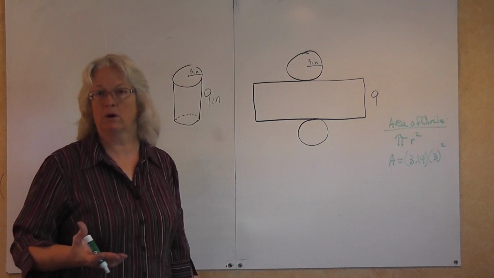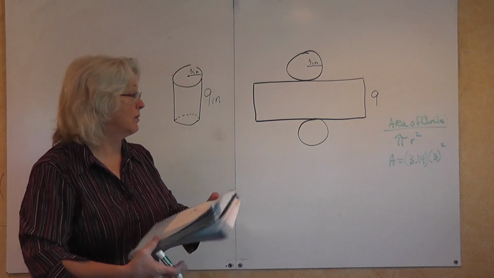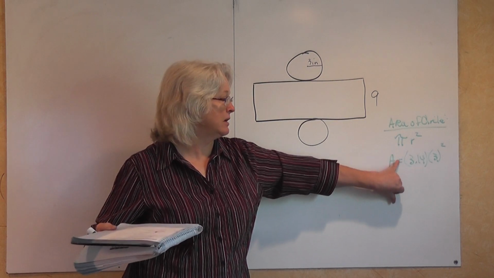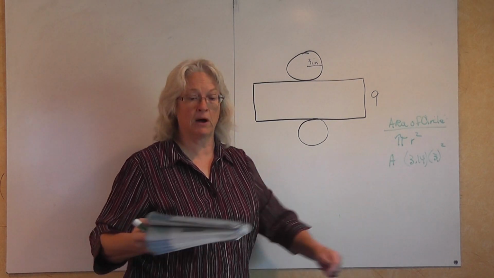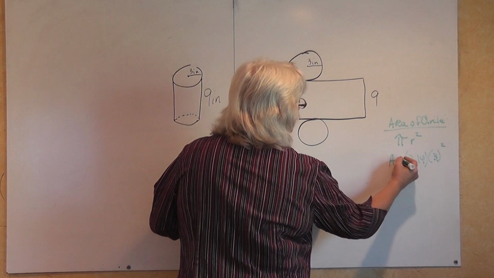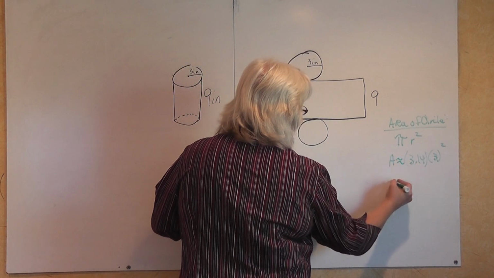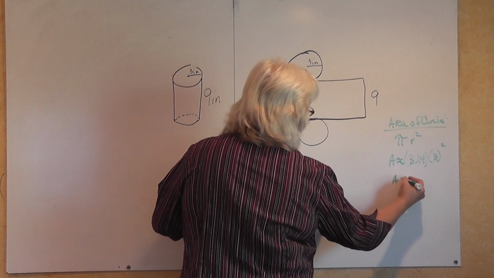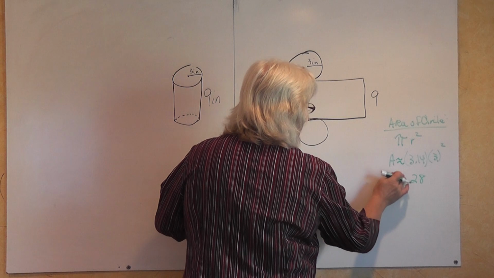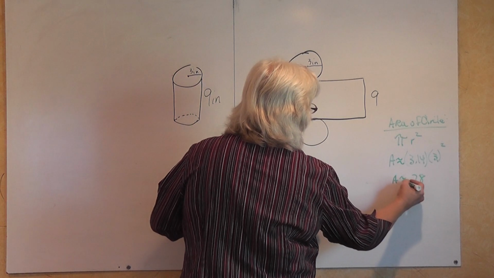Unless they tell you otherwise, you're going to use 3.14 as an approximation for the value for pi. So it's approximately equal to 3.14 times 9. So your area of the circle is approximately 28.26 inches.